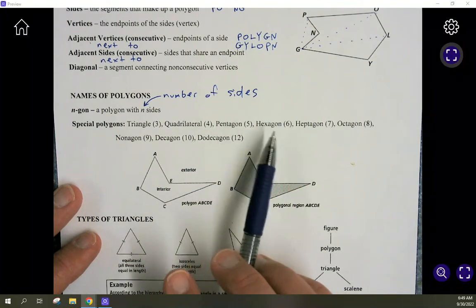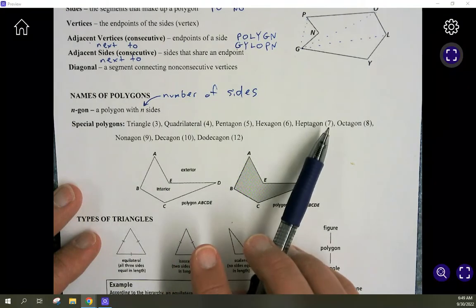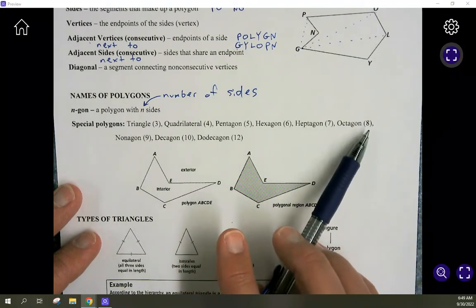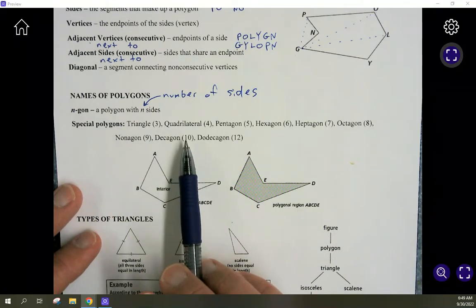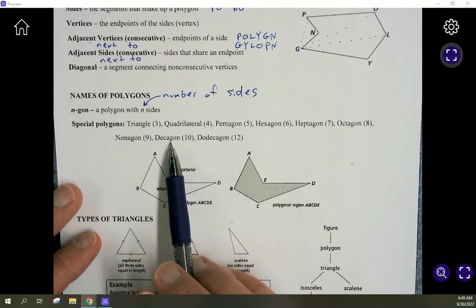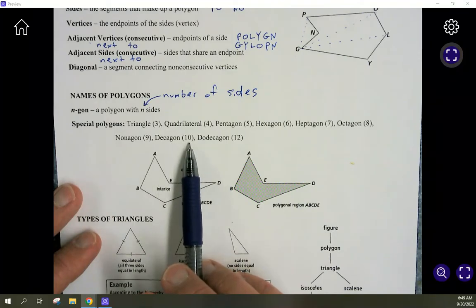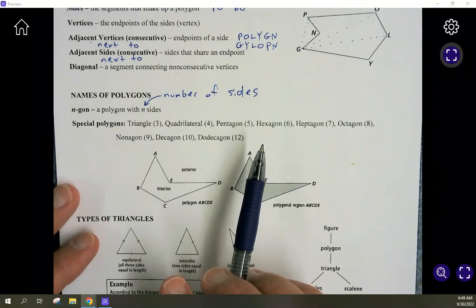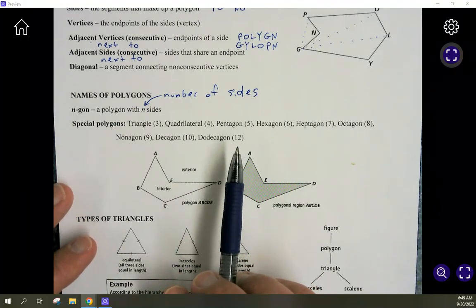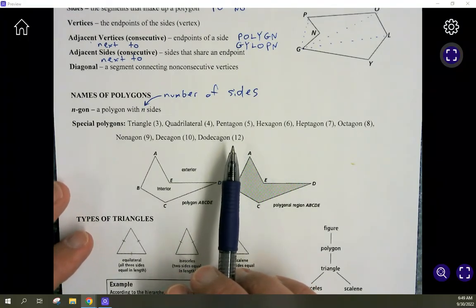5 sides, pentagon. 6 sides, hexagon. 7 sides, heptagon. 8 sides, octagon. 9 sides, nonagon. And then some of these ones that you may not have heard, you probably heard decagon before for 10, but 12, dodecagon. And once you get past that, they do technically have names, and you can Google them, and some of them are kind of weird.